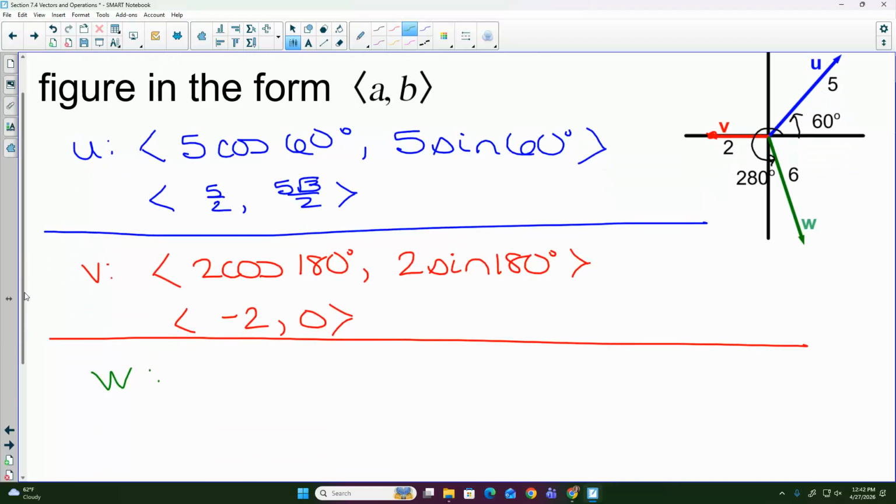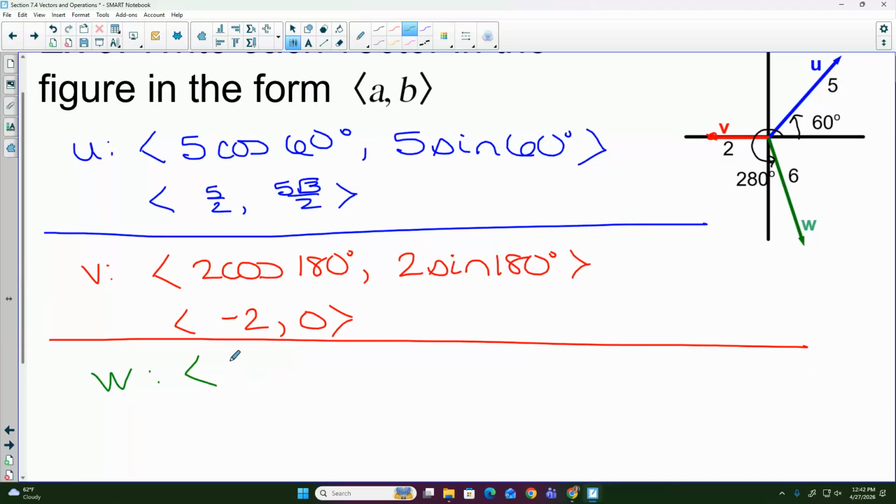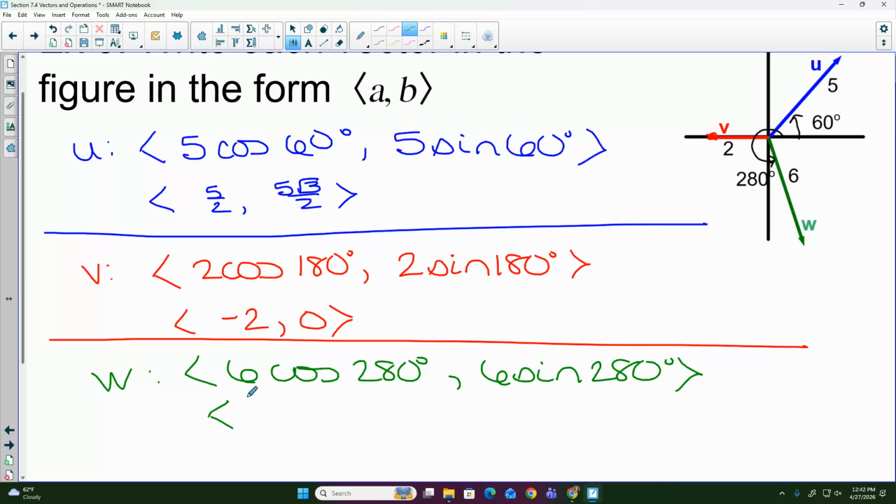Vector W. What is my magnitude? And my angle? Okay, so we just plug those in. So I get 1.0419 and -5.9088.